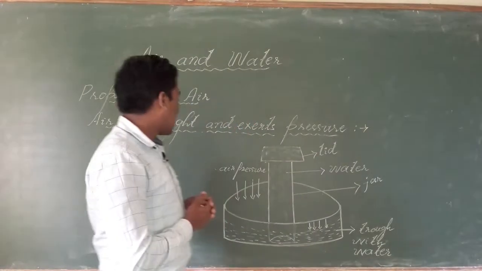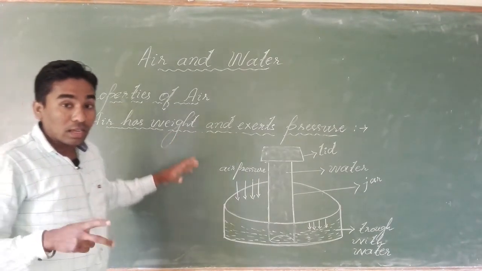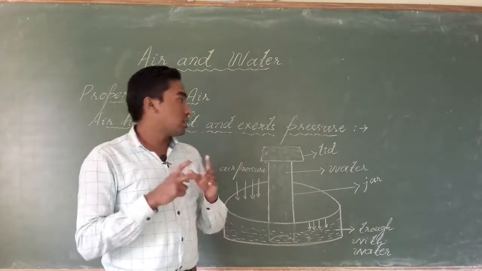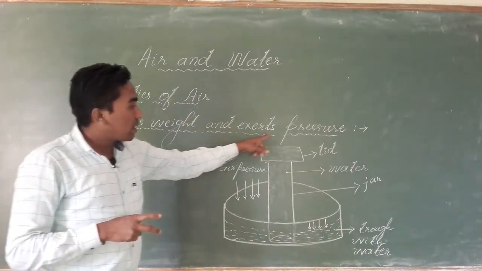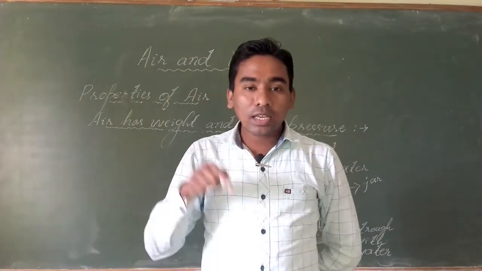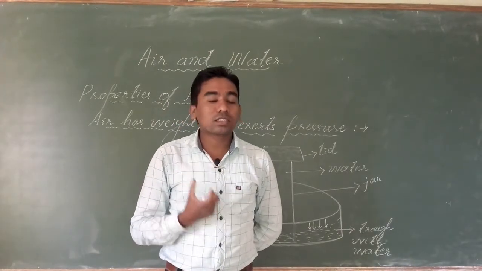So, my dear children, air has weight, like our body has weight, air also has weight, and it exerts pressure in our atmosphere. Here we will try to know how the air exerts pressure.